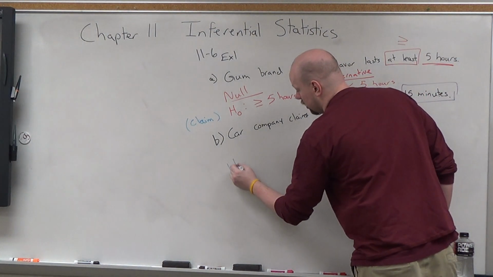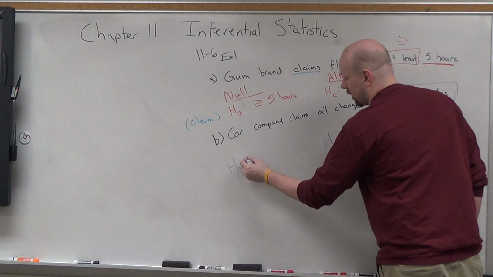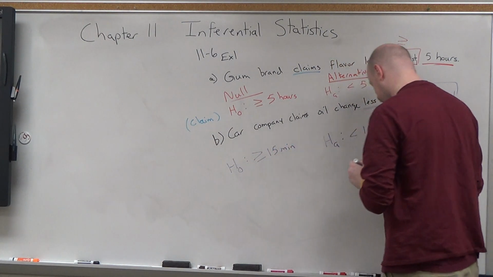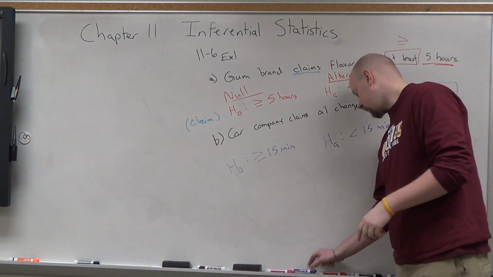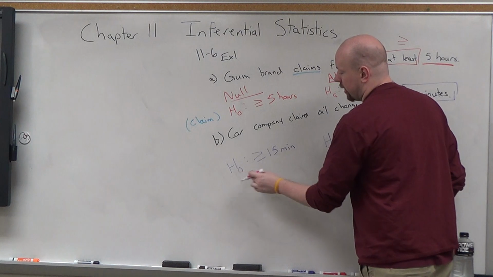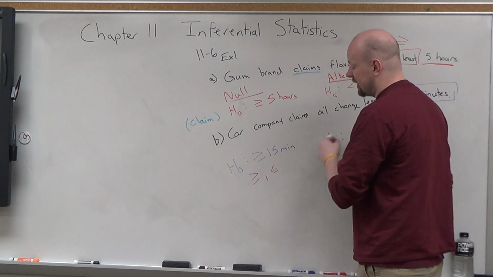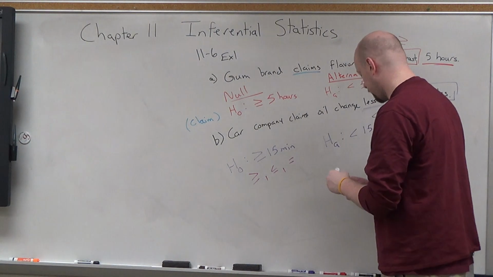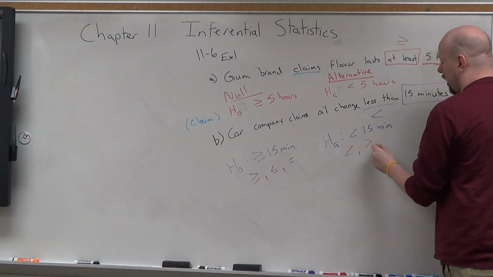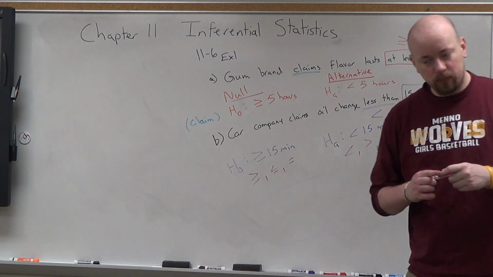So my null would be everything other than less than 15 minutes, which would be greater than or equal to 15 minutes. Okay. So remember, my null will be less than or equal to, greater than or equal to, or equal to. And my alternative will be less than, greater than, or technically it could be not equal to.